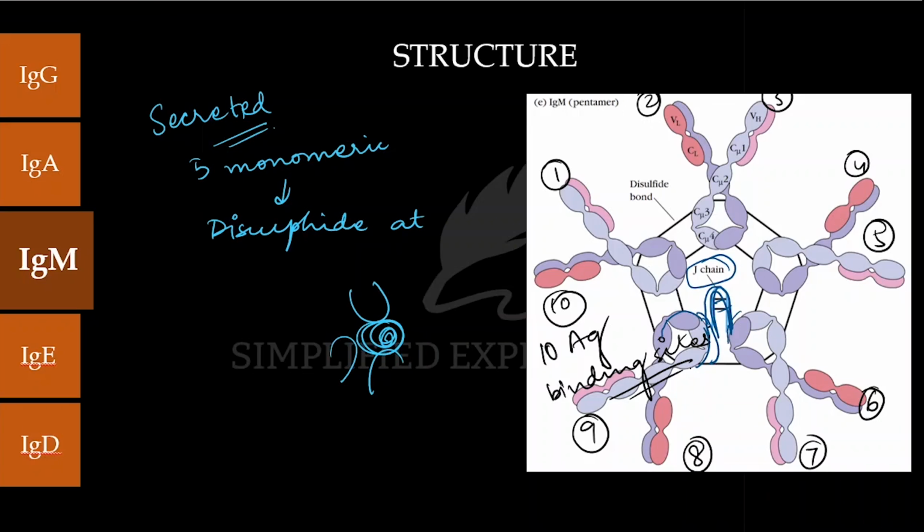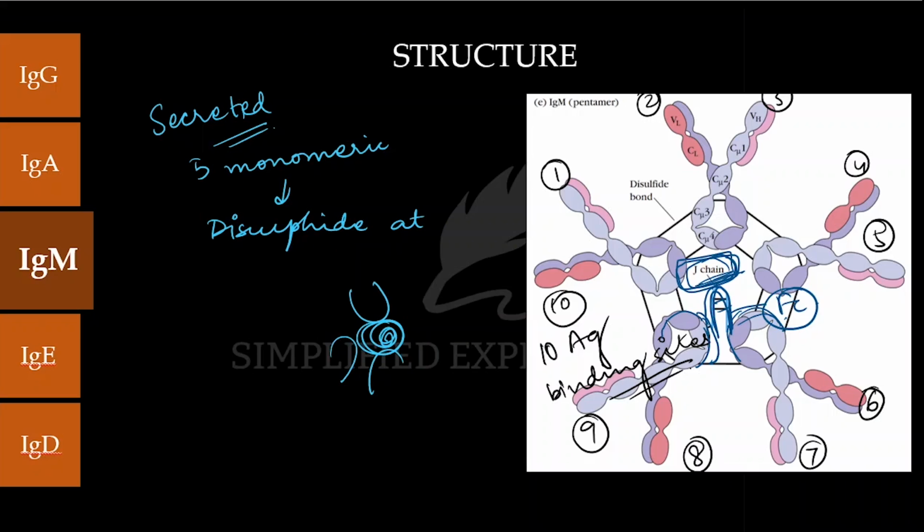Again, it is linking the Fc region of the IgM molecule, and as we know, the J chain is involved in disulfide bonds to the carboxyl terminus. These J chains are required for polymerization of the monomeric IgMs so that they can form pentameric IgM, and it is added just before secretion of the pentamer.